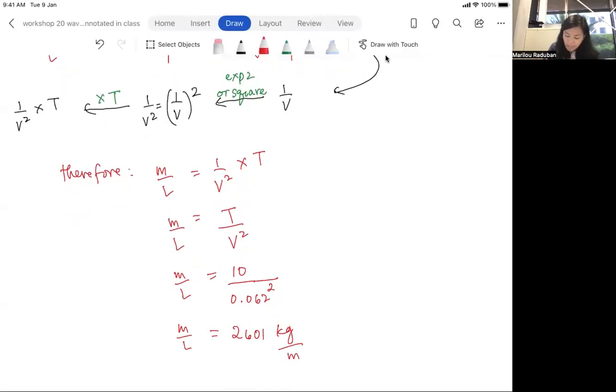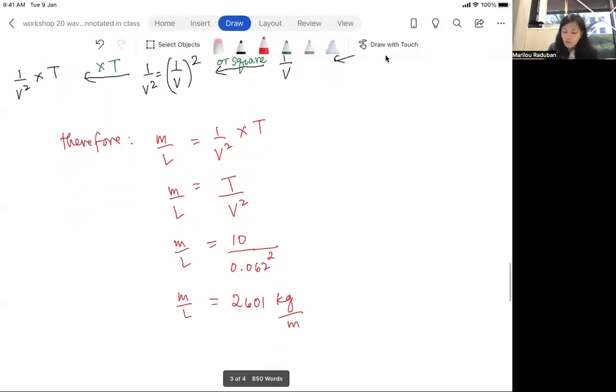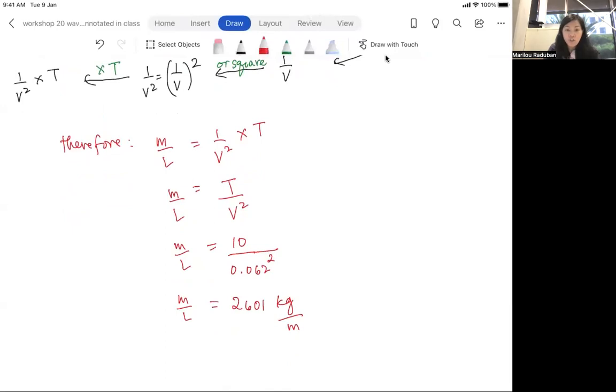Kilograms because it's mass divided by length. The unit for mass is kilograms and the unit for length is meters. As long as you've got your tension in newtons, the unit here is newtons divided by meters squared per second squared, but newtons is of course kilograms meter per second squared. The units all work out to be kilograms over meters.